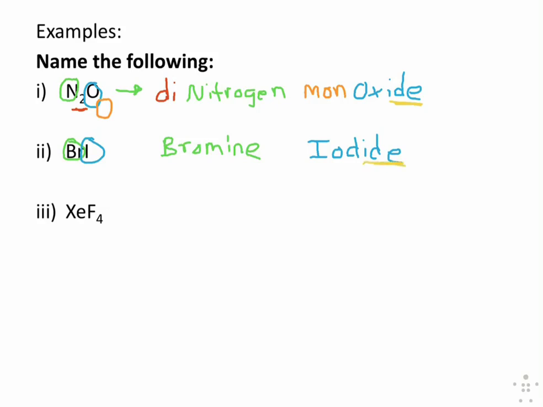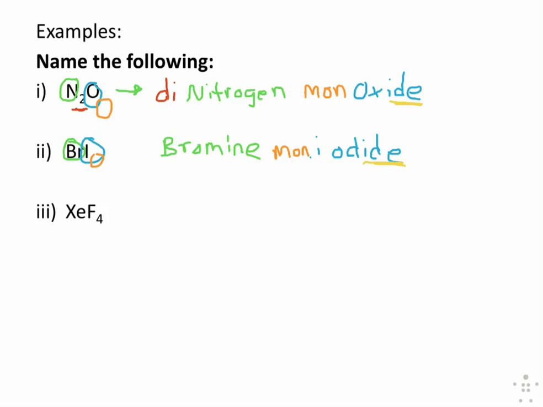And because there's an invisible 1, it becomes monoiodide. And actually, because this isn't the first letter in the word, it should be a small i. Okay, so we have bromine monoiodide.